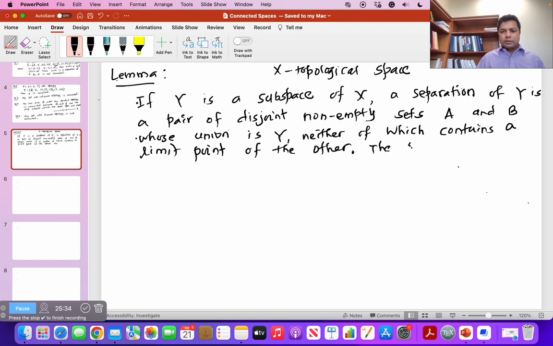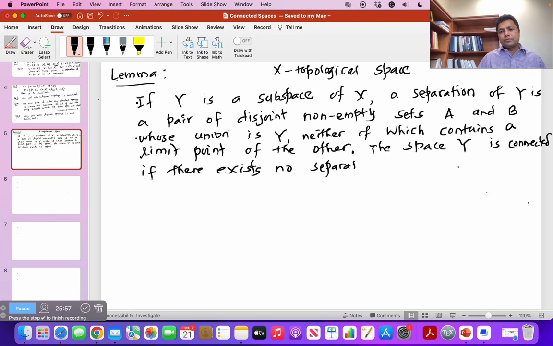The subspace Y is connected if there exists no separation of Y. Okay, so this lemma describes the connectedness of a subspace of a topological space.